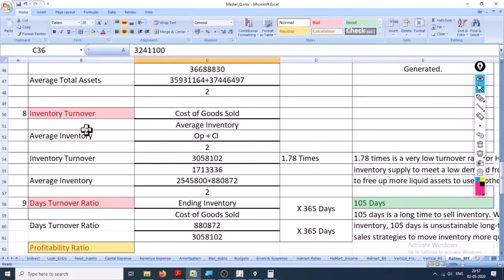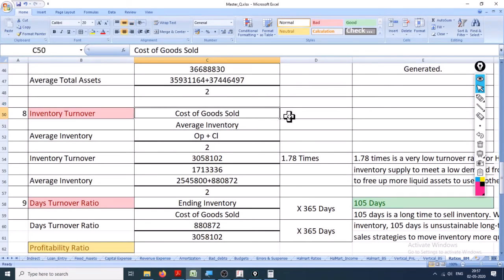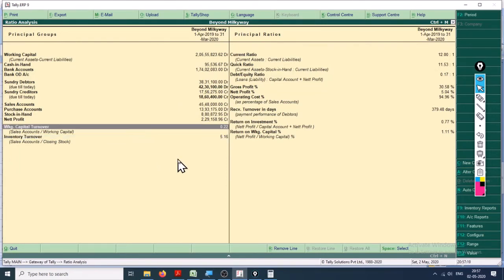We had some other formula, I don't know why. Instead we did cost of sales divided by average. Yeah, it doesn't matter, there are various standards for each and every ratio.